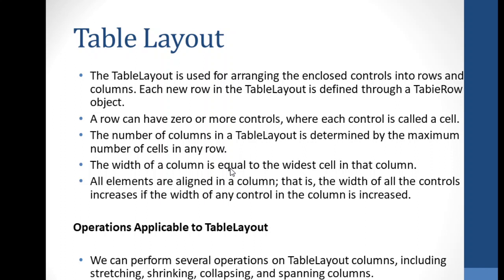I can have a single column, double column, triple column, or four columns, whatever the requirement, I can place there. All the elements are aligned in a column, so the width of a control increases if the width of a control within the column is increased. We can increase or decrease the column size, shrink the column size, collapse the column size, span the column size, etc.